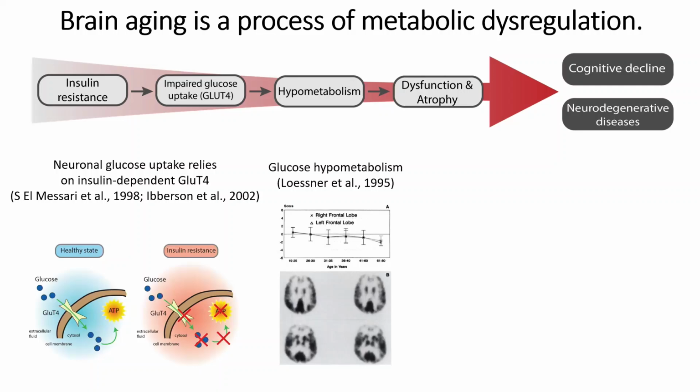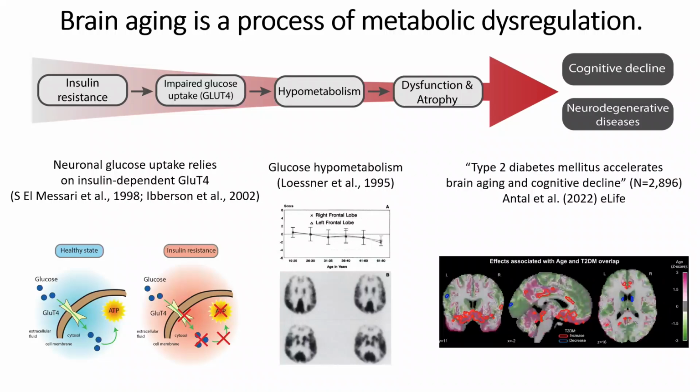And this would imply that insulin resistance accelerates brain aging, and it's consistent with a meta-analysis that we published recently. So if you're interested in this field, I highly recommend you check it out. It's a pretty fast read.